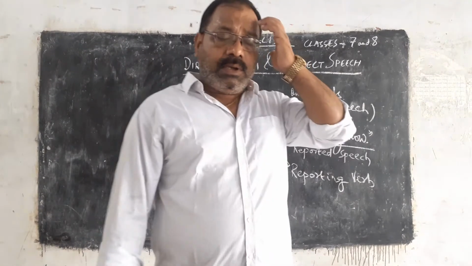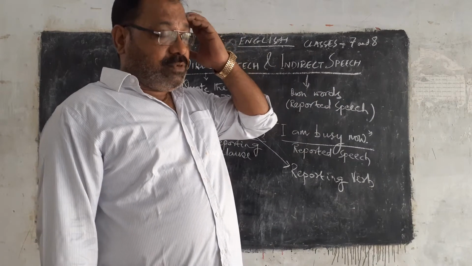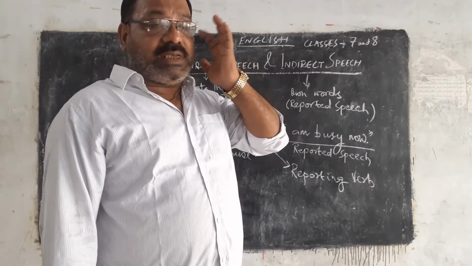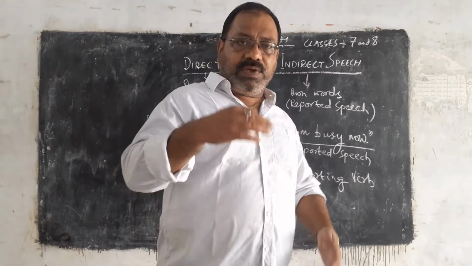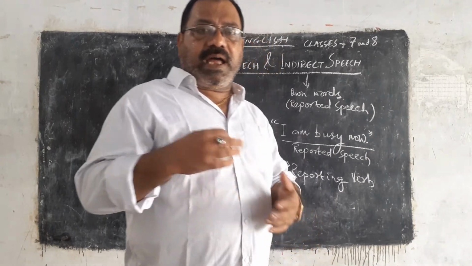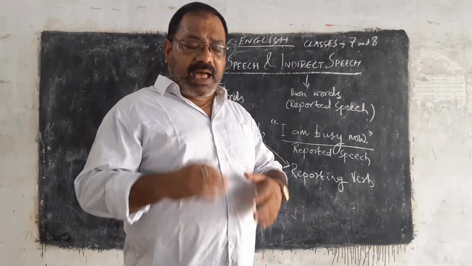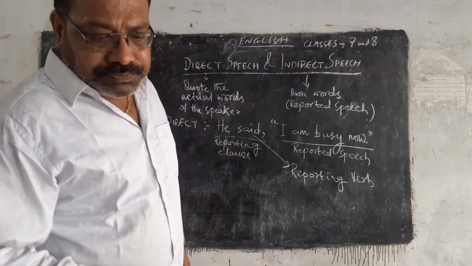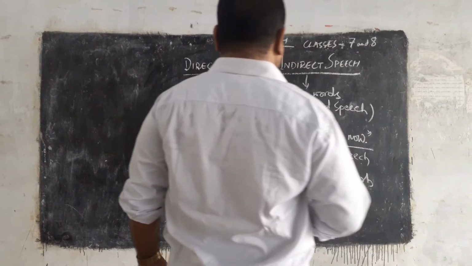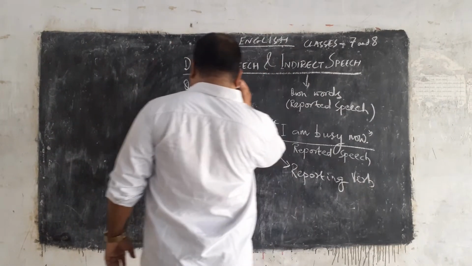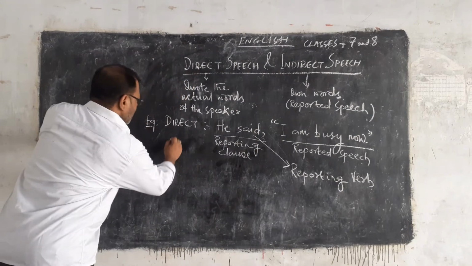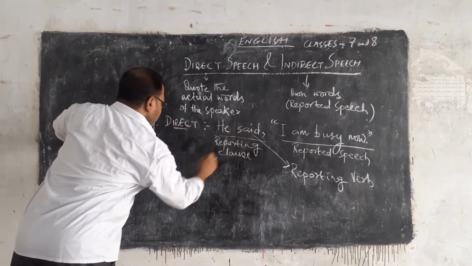Now, boys and girls of both classes 7 and 8, now see how it is changed when we convert it from direct to indirect speech. See, this is direct. He said, I am busy now.